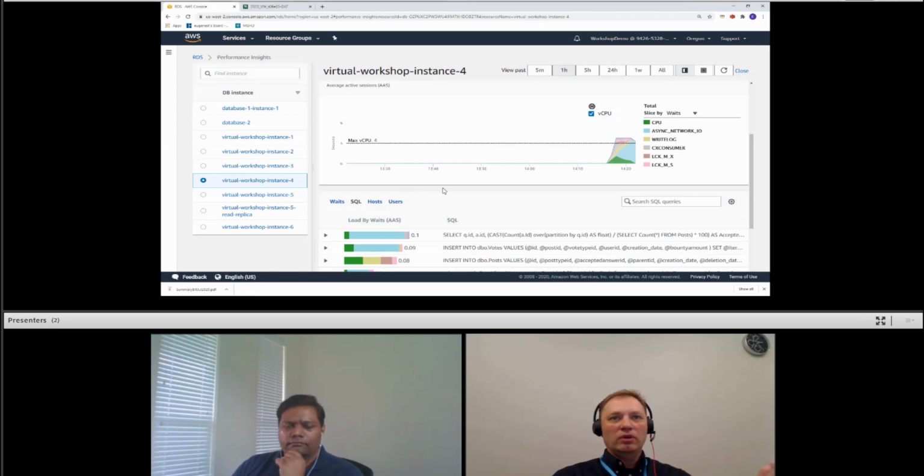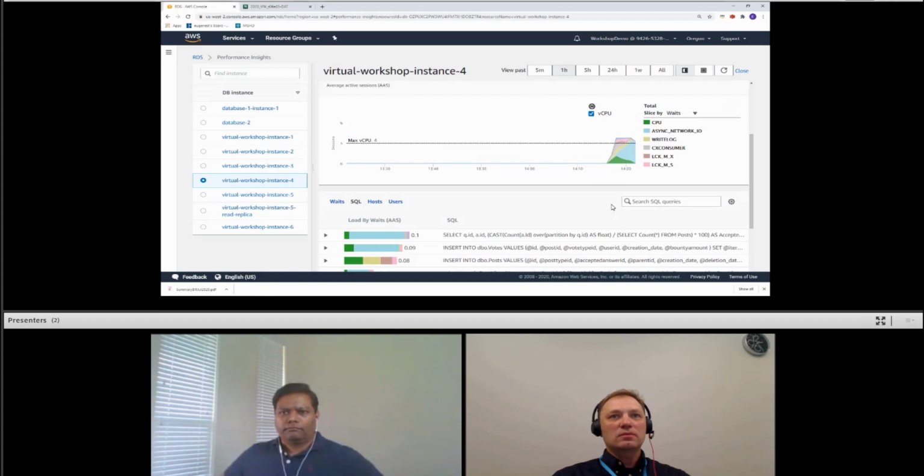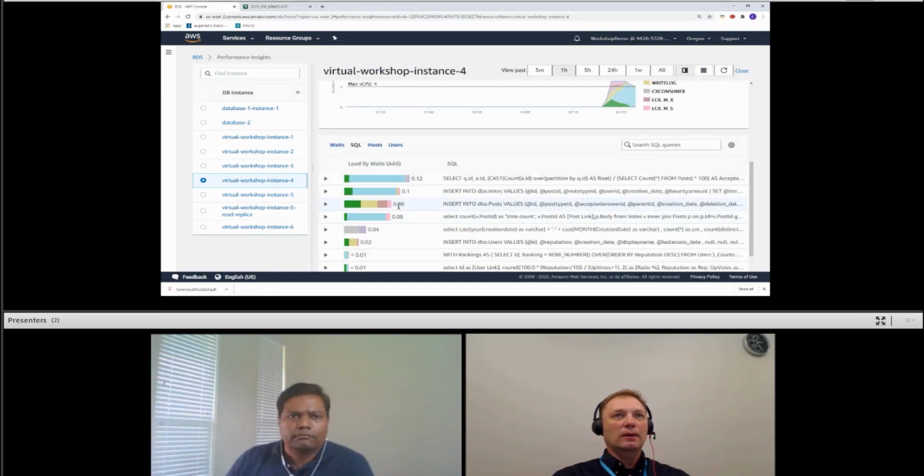Its look and feel is the same, behavior is the same, experience is the same. The only thing that is different is the weights, the weight types. Weights are engine specific, therefore you will see different weight types if you work on Postgres or MySQL, for example. All right, so that's performance insights.